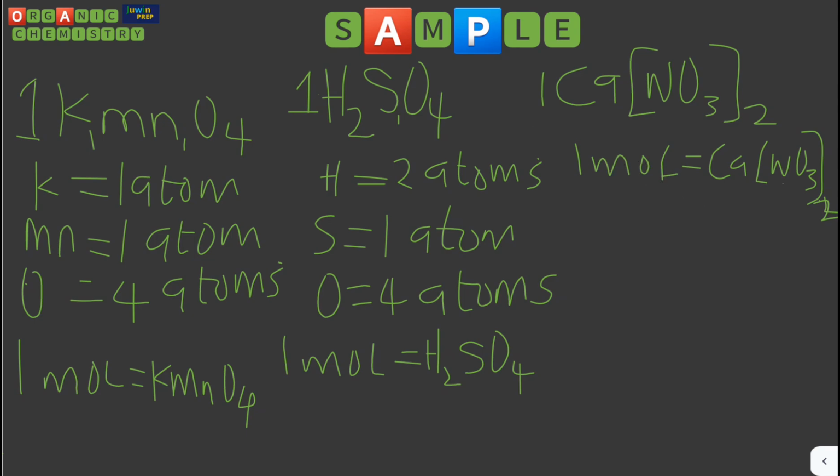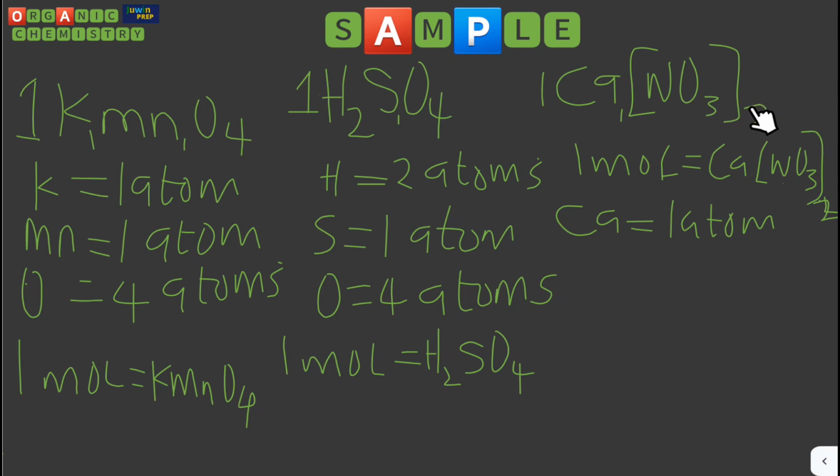So next thing is we would focus on the number of atoms. Recall we said there will be an invisible one here. So we'll say 1 times 1. So you have calcium to be 1 atom. The number of atoms, 1 atom. We'll move to the next one, nitrogen. Now these 2 affect everything in the bracket.